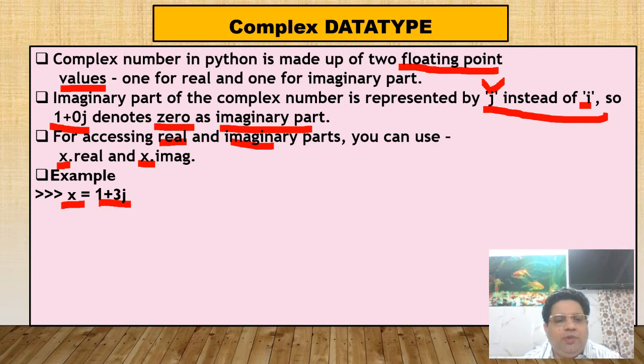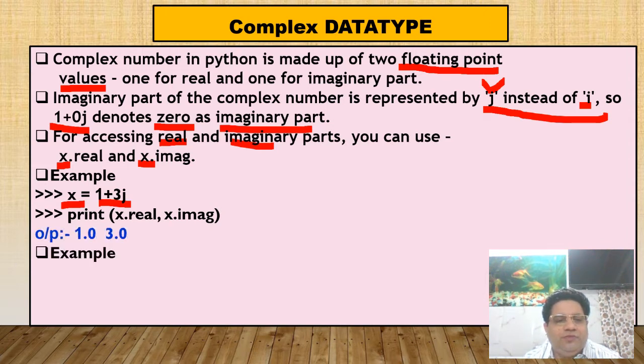So what is the real part in this? 1 is the real part and the part that appears before j is the imaginary part, so 3 is the imaginary part. Now if I want to print the real part and imaginary part, what will I have to write? print x.real comma x.imag. So you will get the output 1.0 3.0.